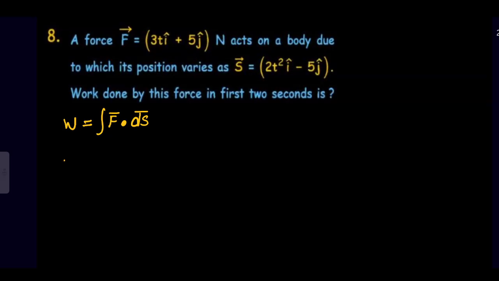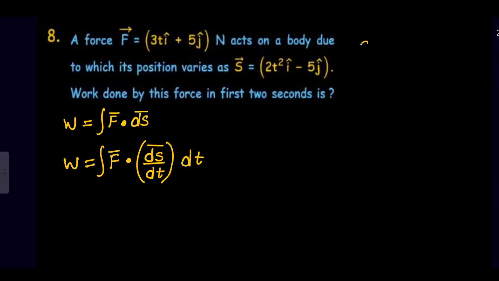Work done is the integral of F bar dot ds, dividing with dt and multiplying with dt. This is what we need to do. If the displacement is given in terms of time, we have to approach this method.